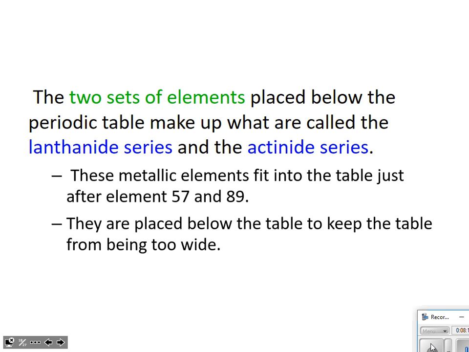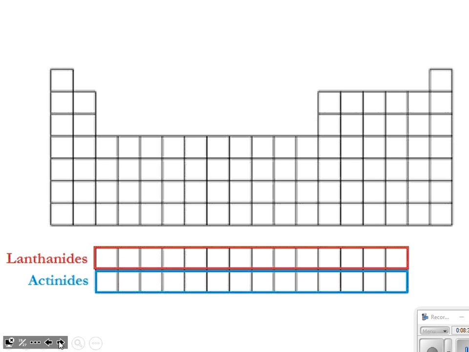So in order to make it more concise so we can fit that onto a better table for you to view, we put those down below. Lanthanide and the actinide series. Right here you see a diagram that has both of those, okay, the lanthanides and the actinides, and once again, they fit in right around here, okay, in periods 6 and 7 on your table.